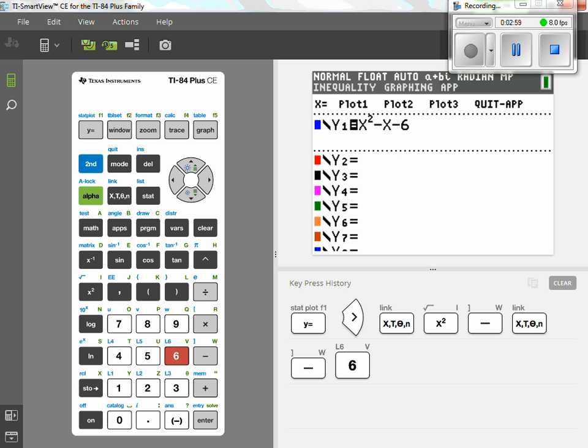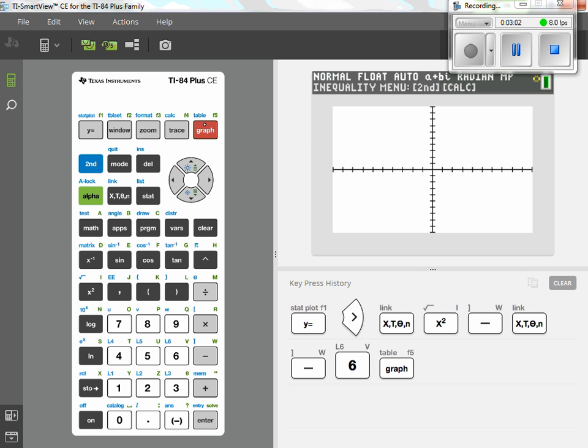Okay, you all got something like this, yes? So we just want x squared minus x minus 6. We don't worry about the equal 0. We just want the function.